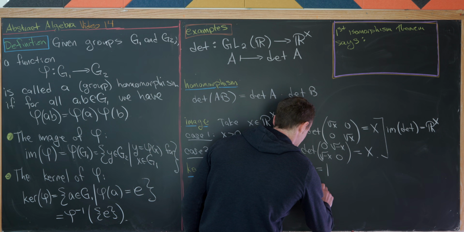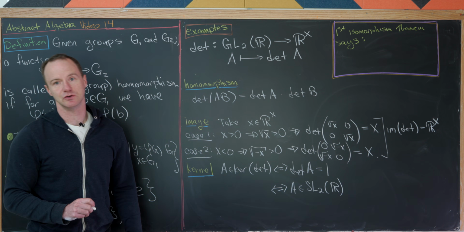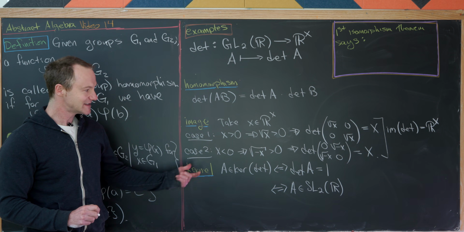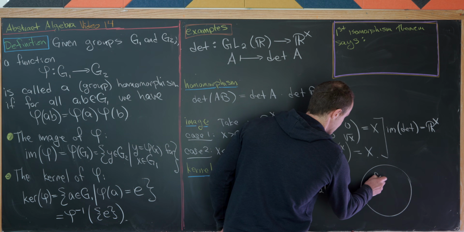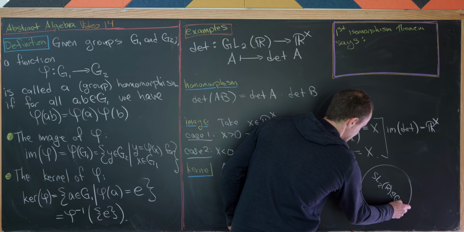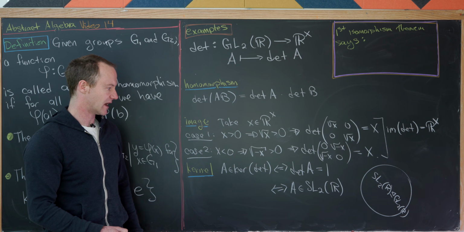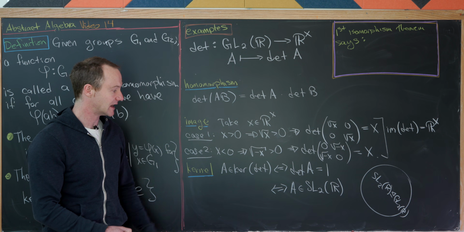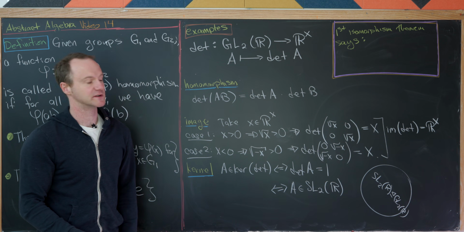So that means we have A is in the subgroup SL2R. Well, that's actually a very, very quick proof that SL2R is in fact normal in GL2R. Instead of using the definition of normality, we have exhibited it as the kernel of a certain homomorphism.